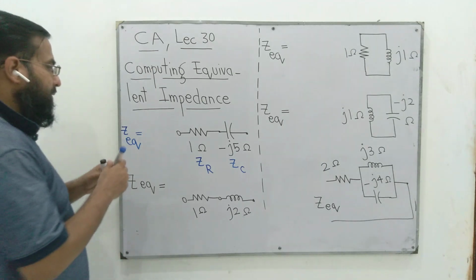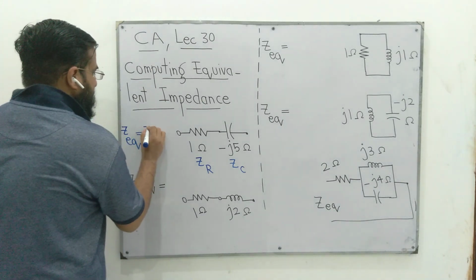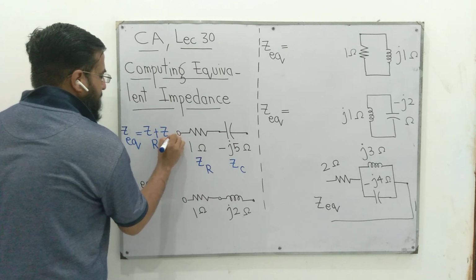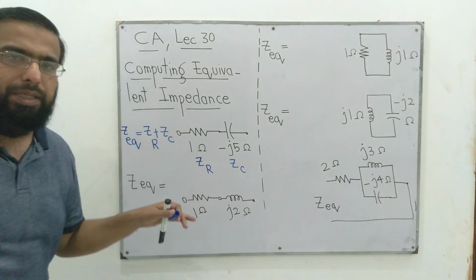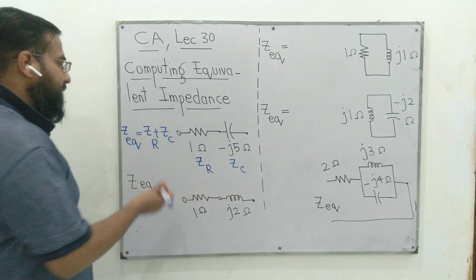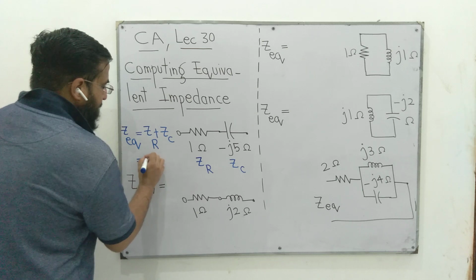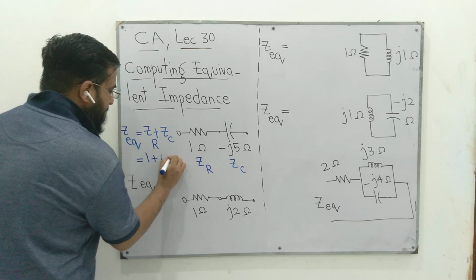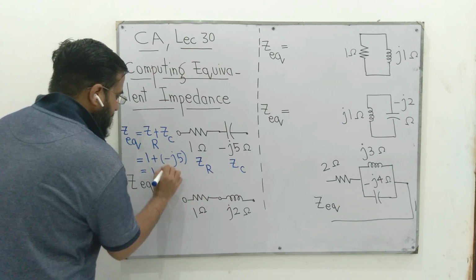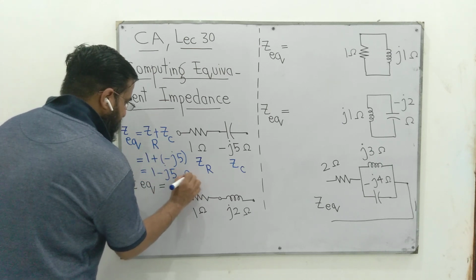So we can write the equivalent as CR plus CC. Why plus? Because they are in series and we know that the impedances are added if they are in series. 1 plus minus J5. This is 1 minus J5 ohms.